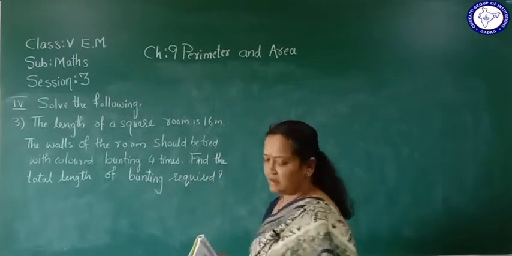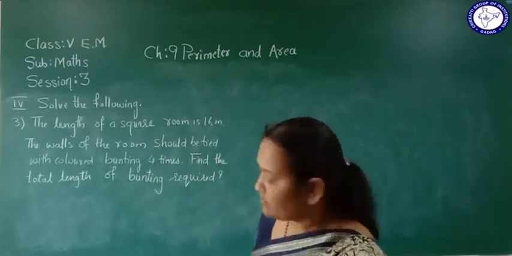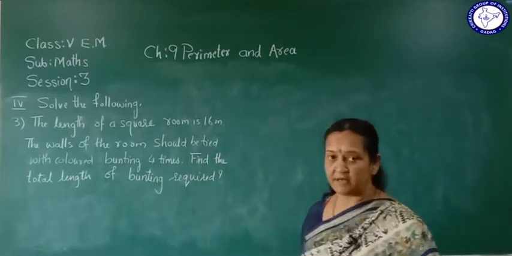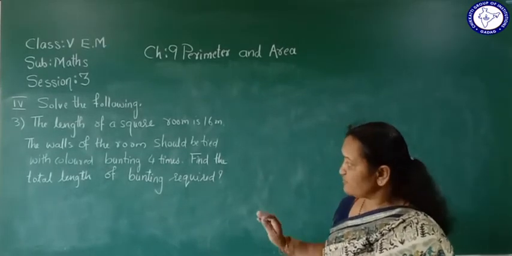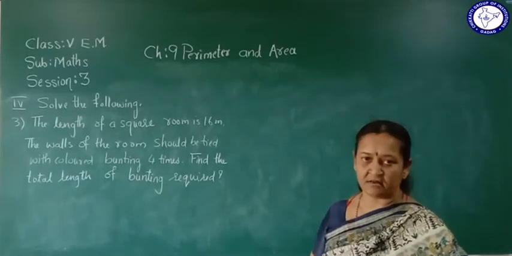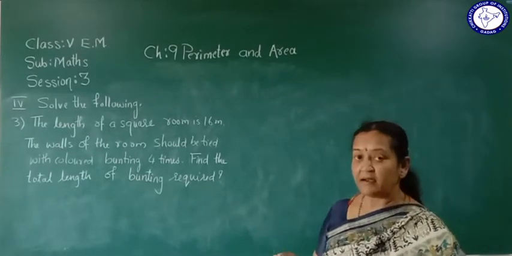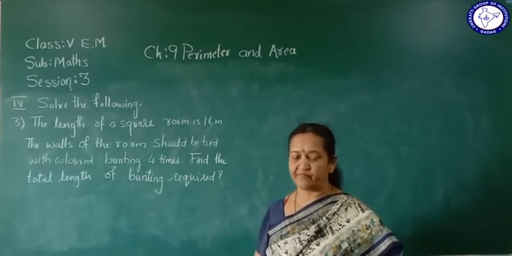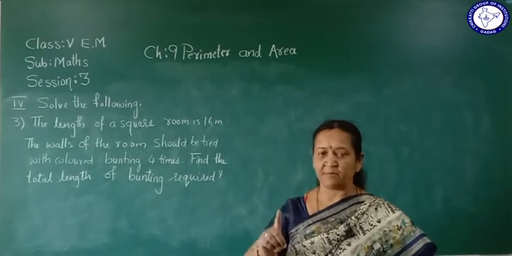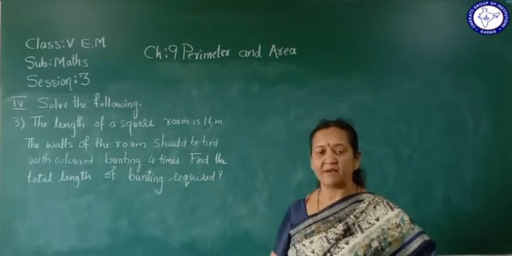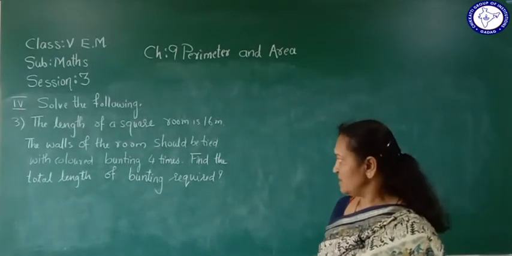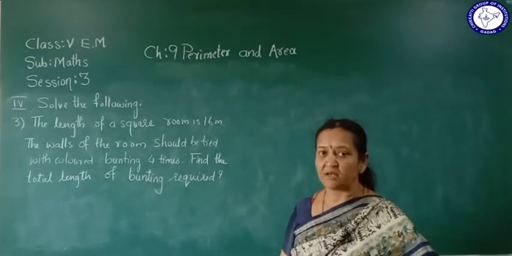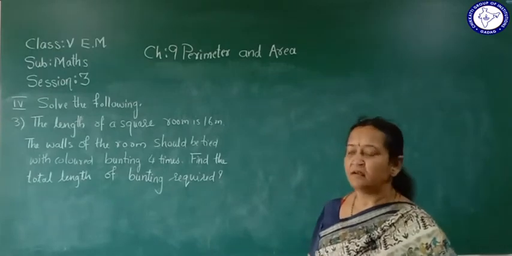So here one square room, it has the length 16 meter. Its walls should be decorated with bunting and it is decorated 4 times. So first we should find one perimeter, and whatever perimeter we get, again multiply that perimeter by 4. Then we should find a total length of that bunting wire required.